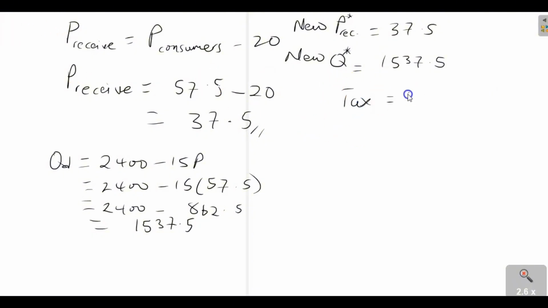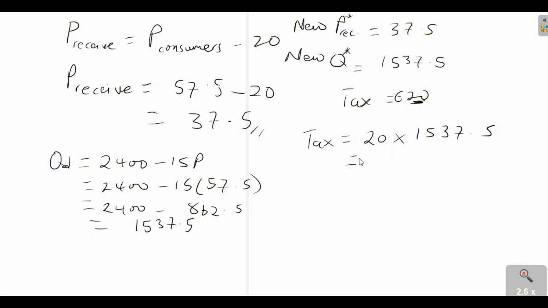To find the tax revenue, the only thing we need to do is multiply the tax amount, which is 20, with the new equilibrium quantity, which is 1,537.5.